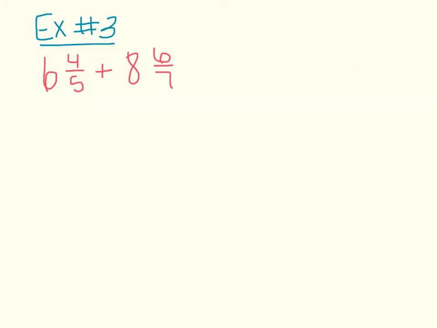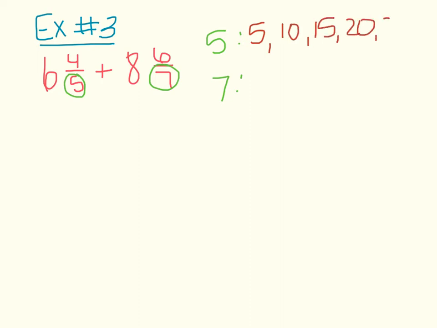Example number 3. We have to get a common denominator. So let's list those multiples of those two denominators. 5, 10, 15, 20, 25, 30, 35.